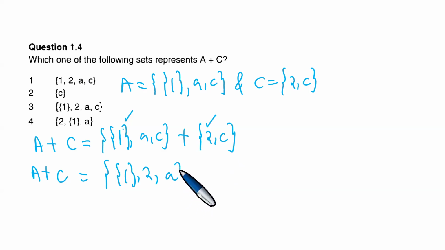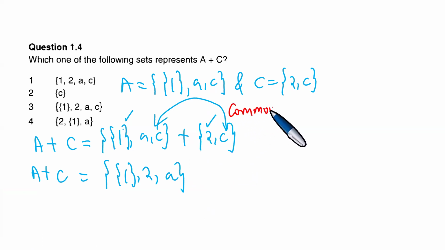And now we do not select the element C because it is a common element. We note that C itself here is common, being a common element in both sets, which is obviously found in the intersection of the two sets.